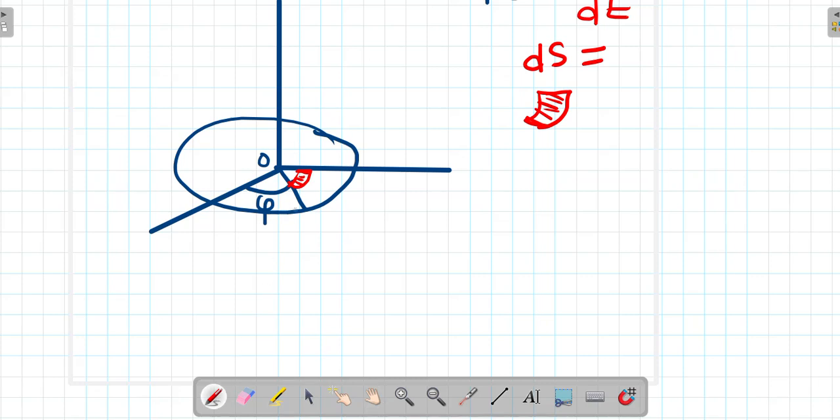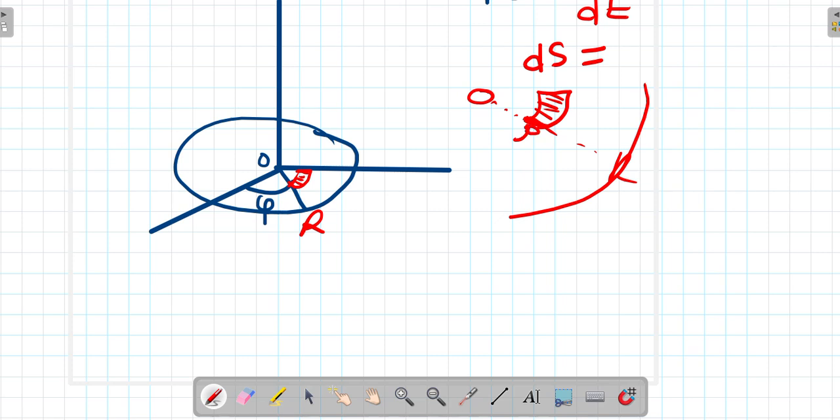From your center coordinate system, you know that the angle here is phi, and the total radius of the disk is r. Because you're already using r, you're going to use, for this portion of r, rho.